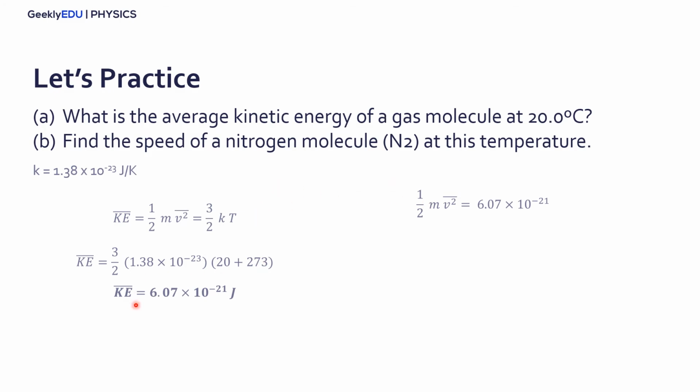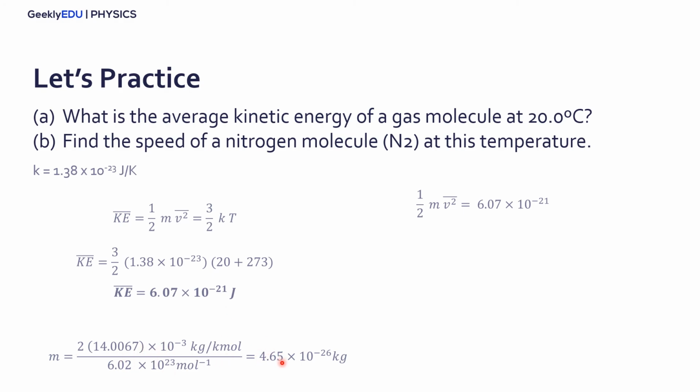We already know the kinetic energy, and we can add it to the kinetic energy formula. Before this, we have to find the mass of the nitrogen molecule. So we have 2 molecules times the molecular weight, the molecular mass, divided by the number of moles.